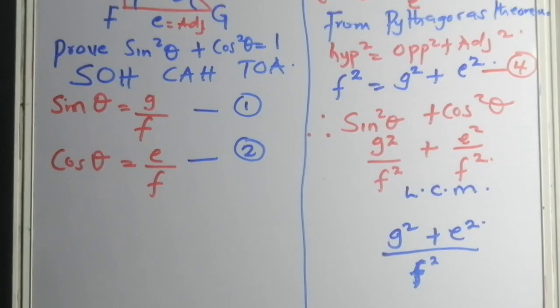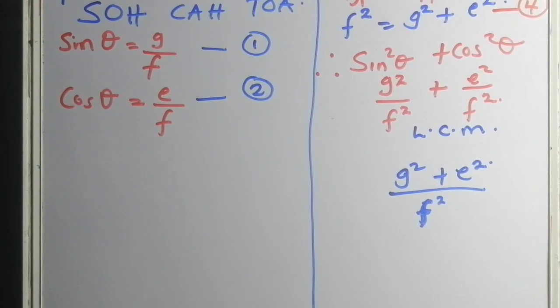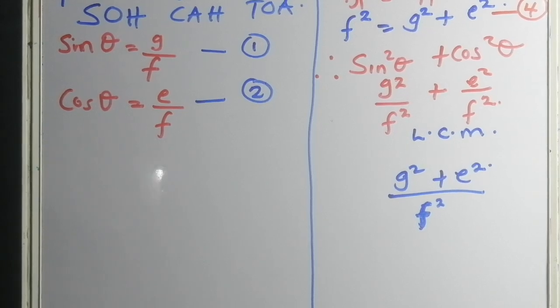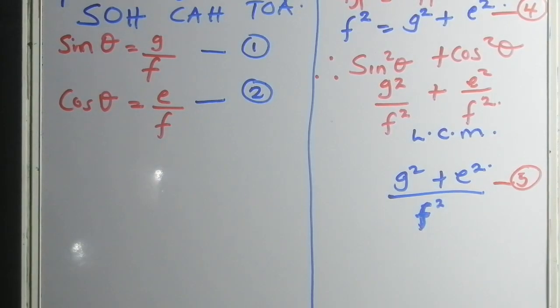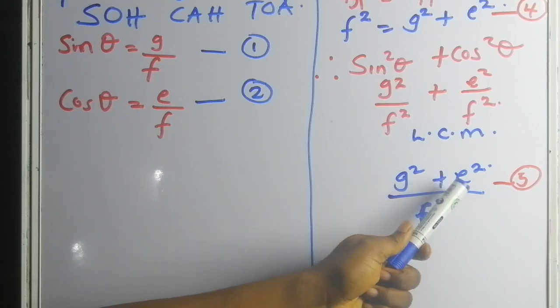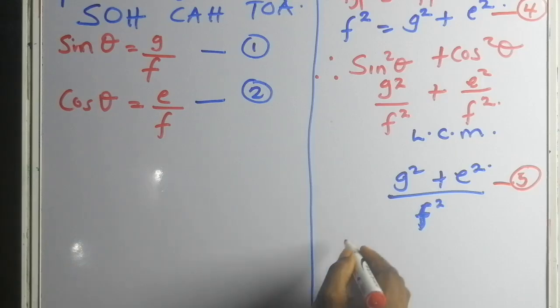If you look at the LCM very well, you'll see that f square equals g square plus e square. Now let me tag this as equation 5. From equation 5, you will see that g square plus e square is carrying what equation 4 is talking about. So g square plus e square is equal to f square.